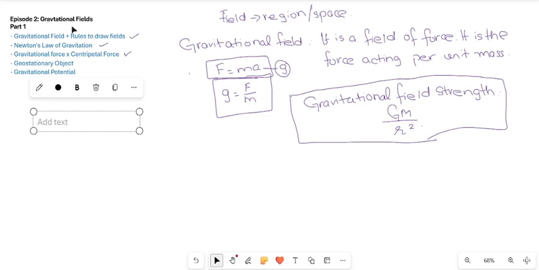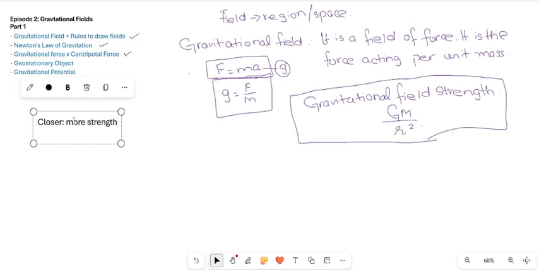Number 1, if the field lines are closer, it means more strength. If they are further apart, it means they're weak.